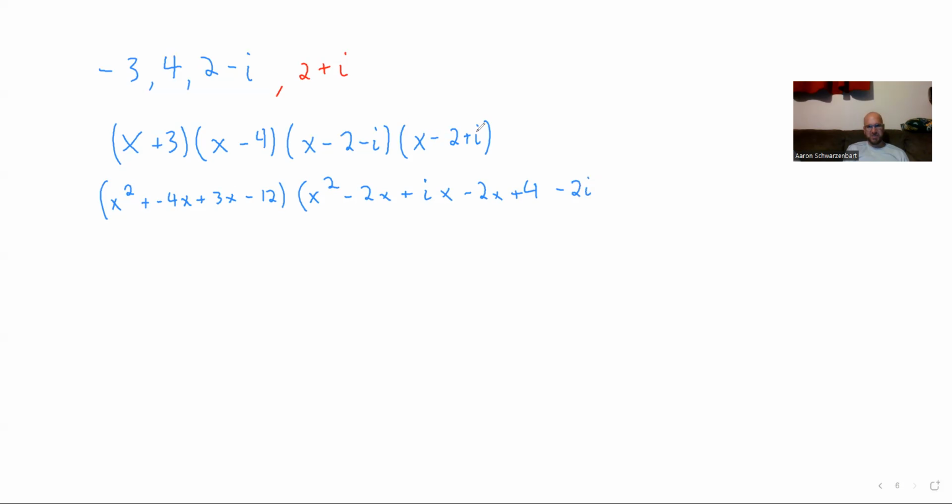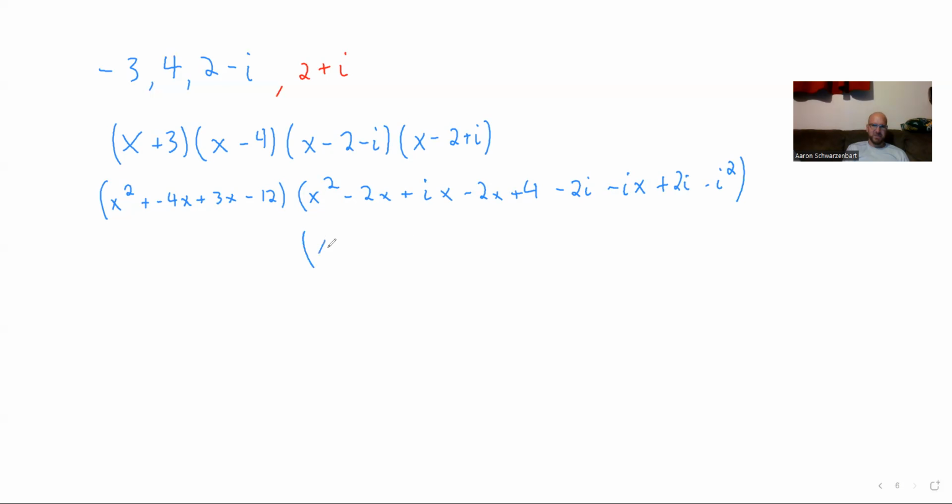So I did x times all three, now I'm doing negative 2 times all three. And finally, negative i times all three. Negative ix plus 2i minus i squared.